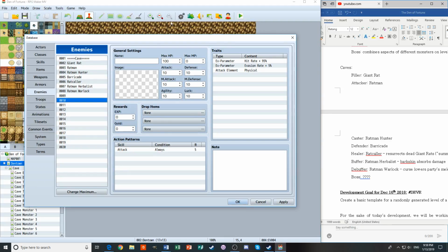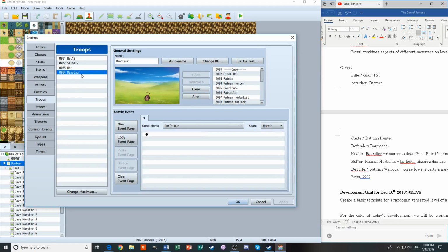In keeping with the random theme, I'm probably going to try to think of at least 2 different bosses for each level and then have it randomly select one. That would fit nicely into 10 here, but I don't want to not leave myself extra space. I could even just go to 20 for each one and just have a whole bunch of empty space. That would be fine. But anyway, we have some basic enemies there.